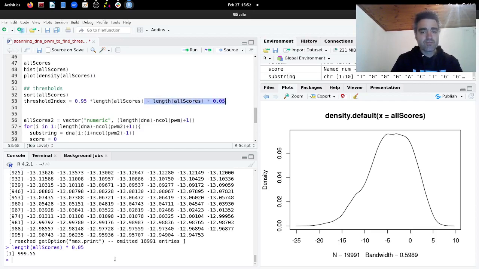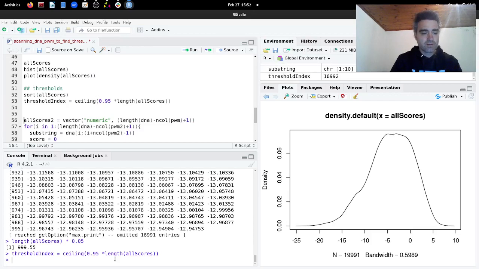And because this might be a non-integer value, we can actually be a bit more strict and find the ceiling of it. Ceiling means the following, I will explain it.